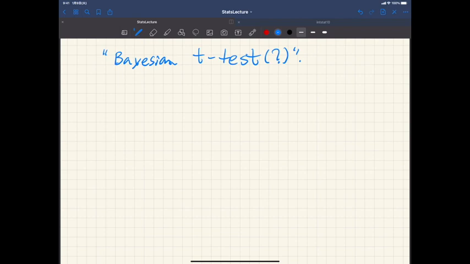Now let us consider another problem, which may be regarded as a kind of Bayesian version of the t-test. But it's actually completely different from the t-test. Anyway, suppose we have a set of data.